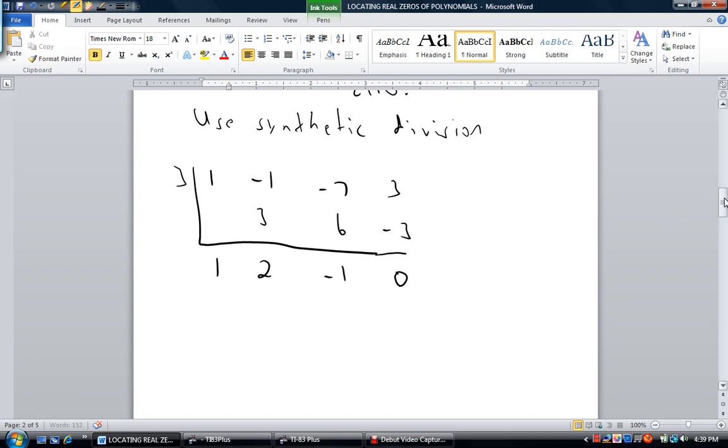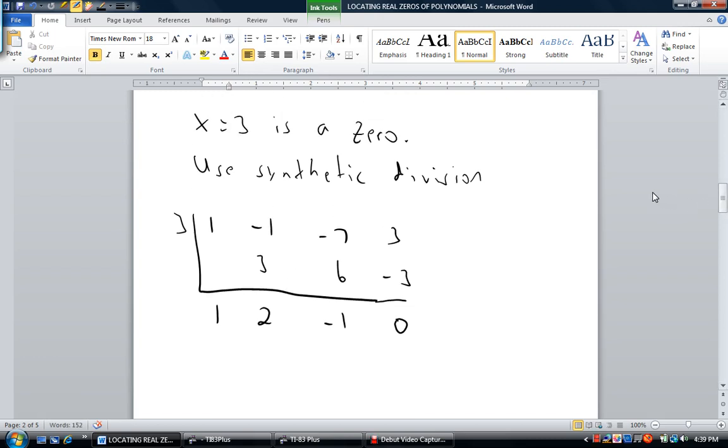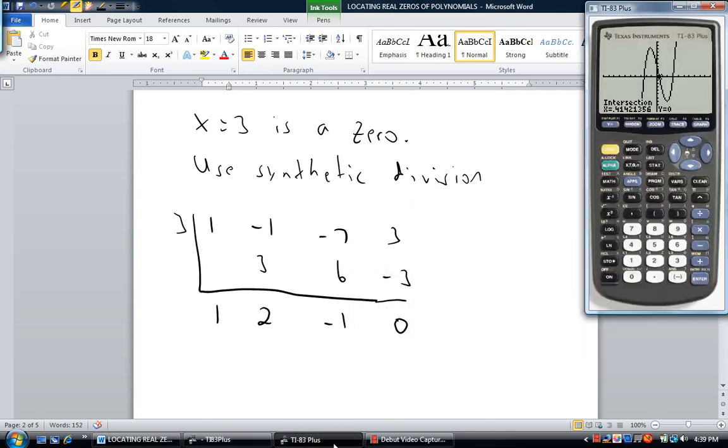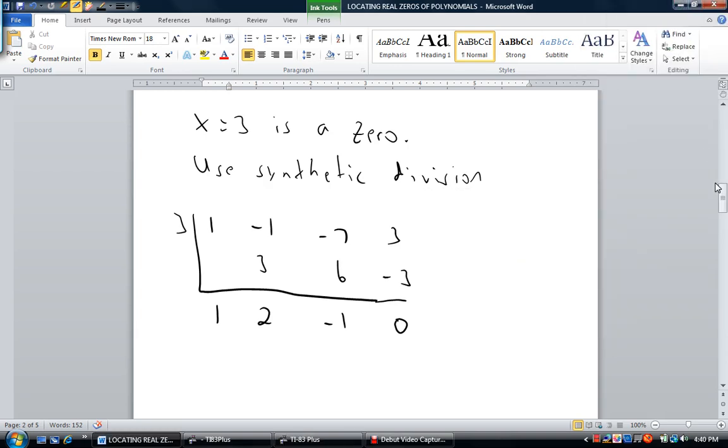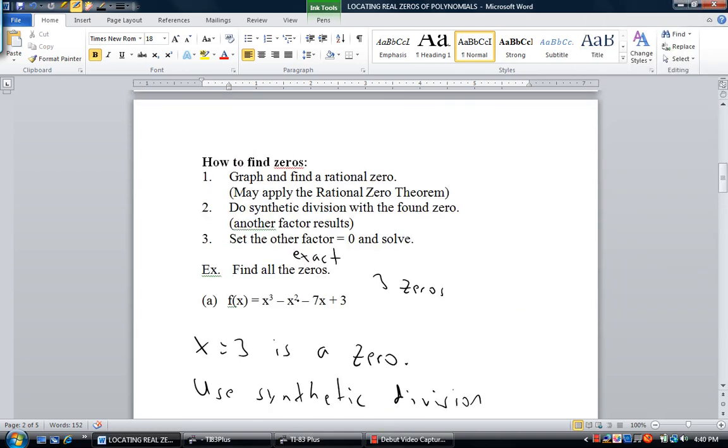If I didn't get 0, one of two things would have happened. Either x equals 3 wasn't a 0, or I made a mistake in here. Another way to check it quickly, if I were to hit trace, 3, enter, it's the same thing as taking 3 and substituting it into the original equation, and I would have got 0 as the answer.